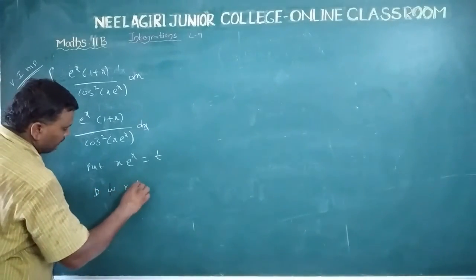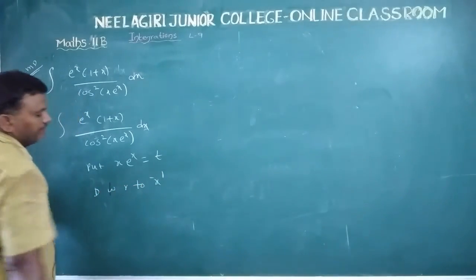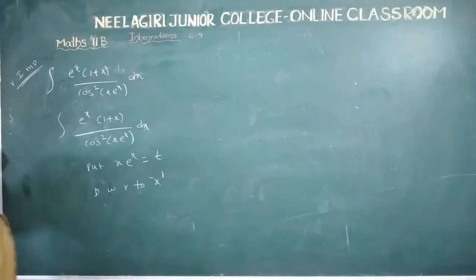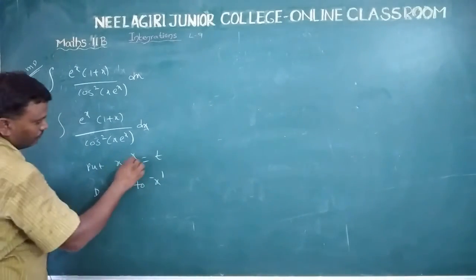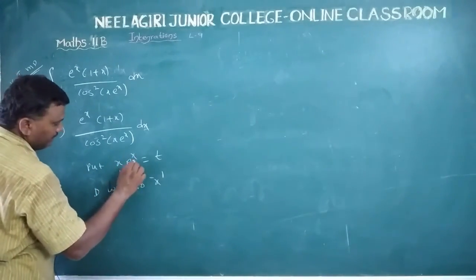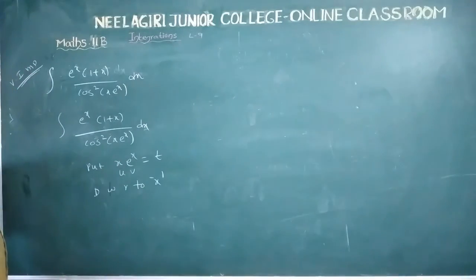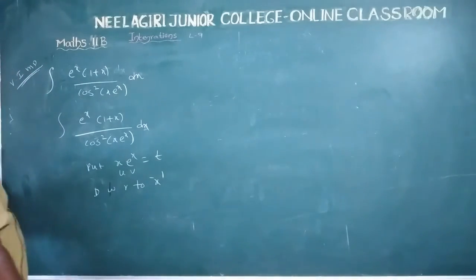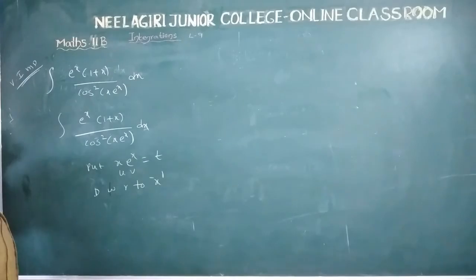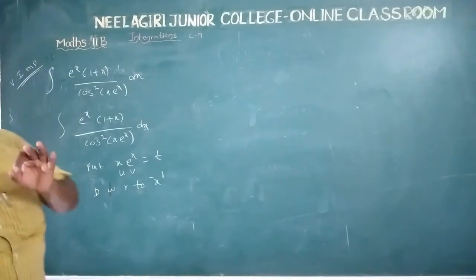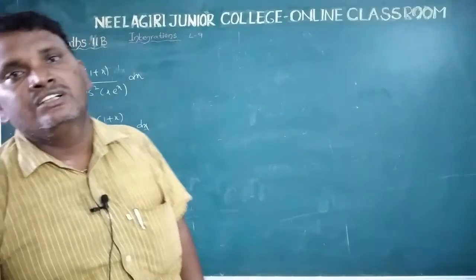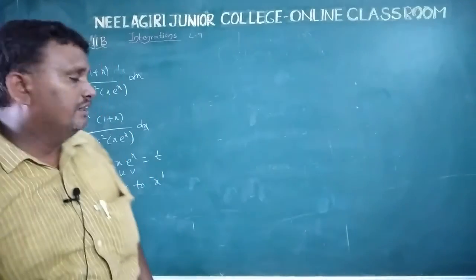Derivative with respect to x. Use the UV formula, with two functions, an algebraic function and an exponential function. What is the UV formula? U into V dash plus V into U dash, nothing but U into dV by dx plus V into dU by dx.